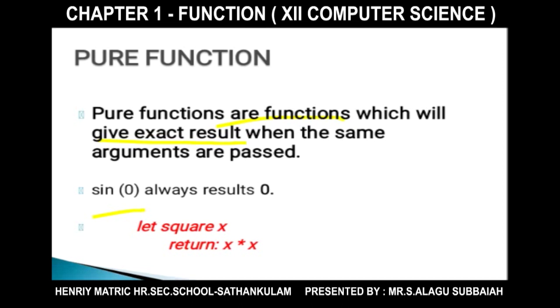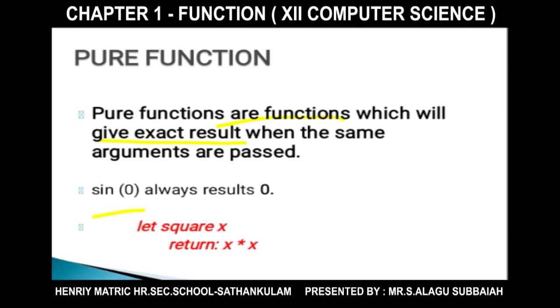Next we will see one function, that is the square function. What will the square function do? The square function multiplies a variable by itself. Here the square function uses x as a variable and it returns x into x, that is the square value.